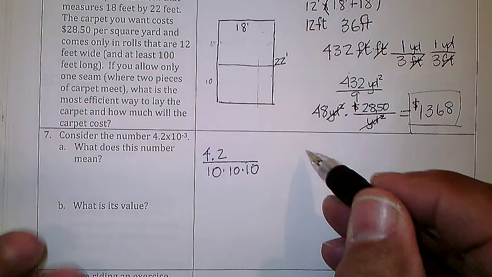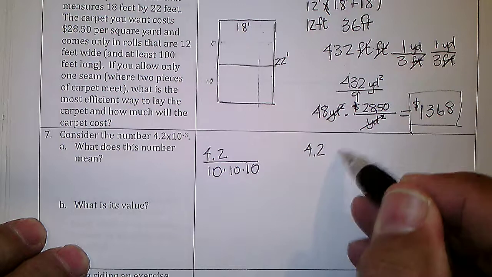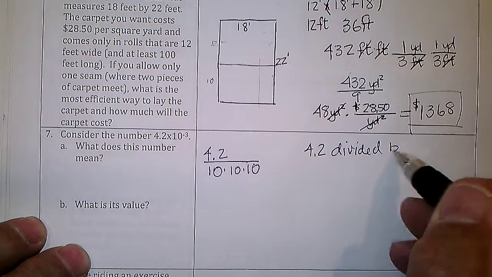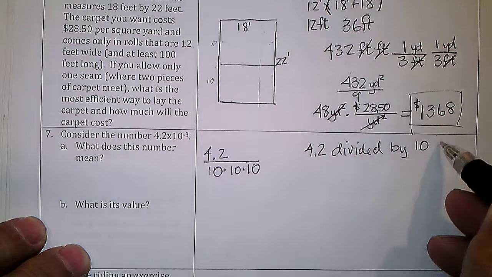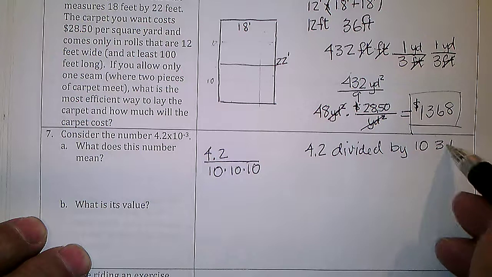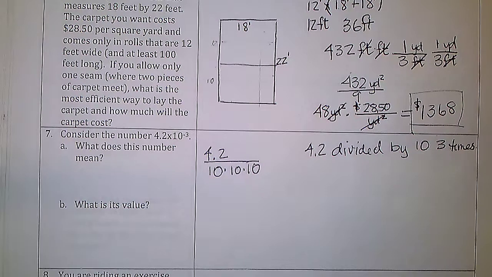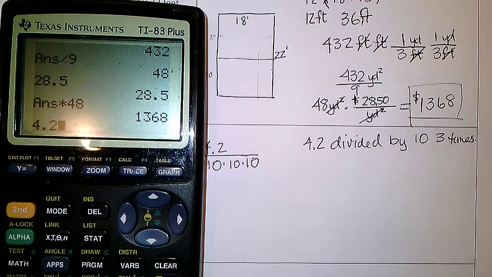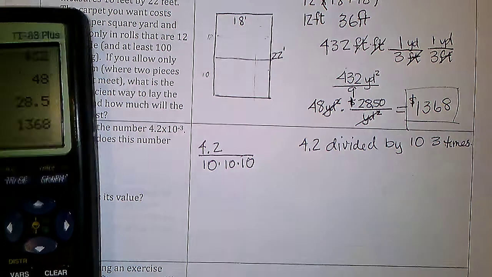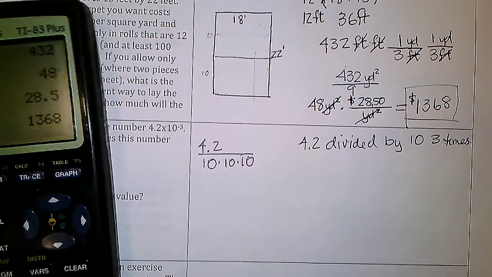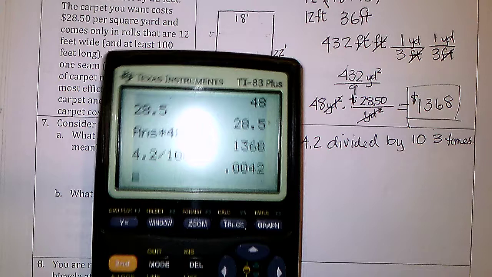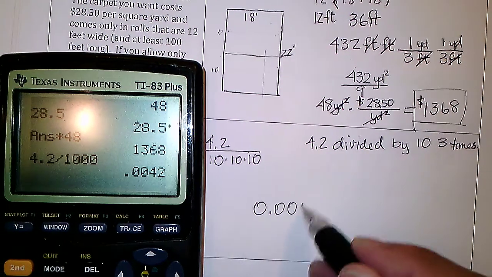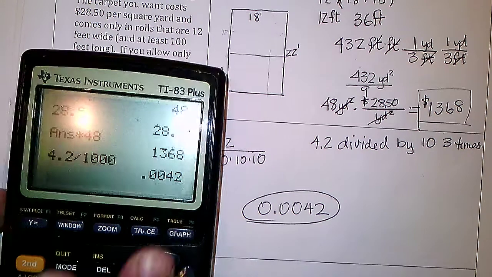That's what it means. 4.2 divided by 10 3 times. And what is the value? So we have 4.2 divided by, and 10 times 10 times 10 is 1,000. And we get 0.0042. That's its value.